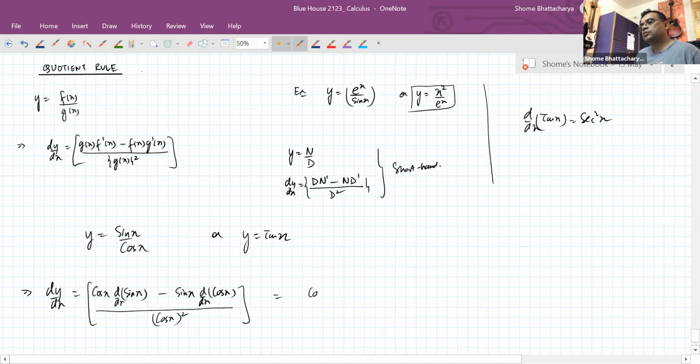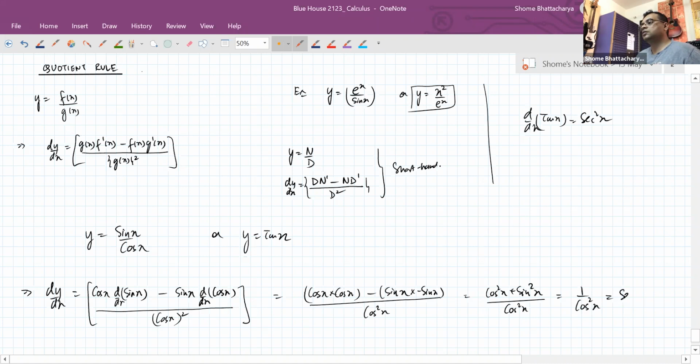So this will become cos x into cos x minus sin x into minus sin x divided by cos square x, which will give us the identity cos square x plus sin square x in the numerator, which you all know is unity. So 1 by cos square x, which is sec square x.